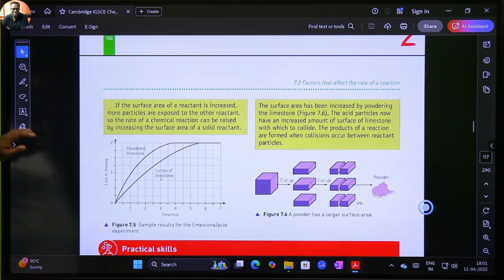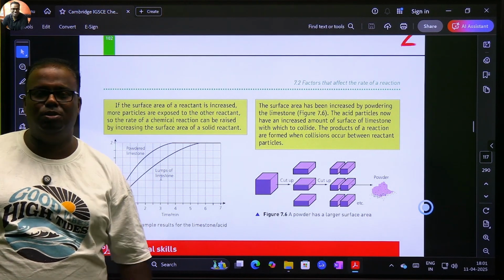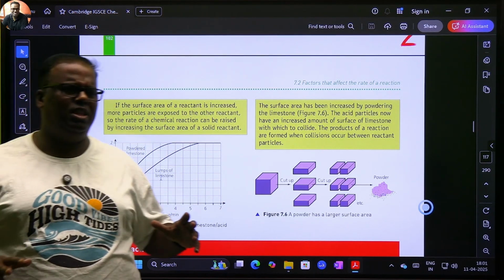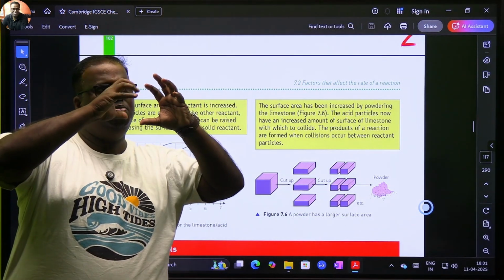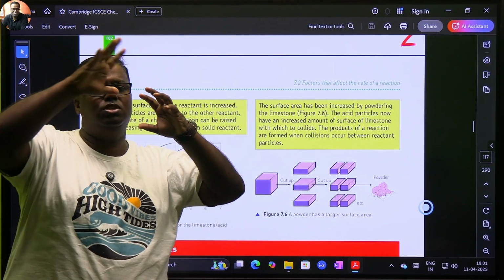So it says if the surface area of the reactant is increased. Now what happened actually when you made the calcium carbonate in a crushed form? When you made it in a crushed form, you increased the surface area of the particles, right? Otherwise, what used to happen? Think of it in a common way. In a lump, only the surface particles at the periphery are having a chance to react.